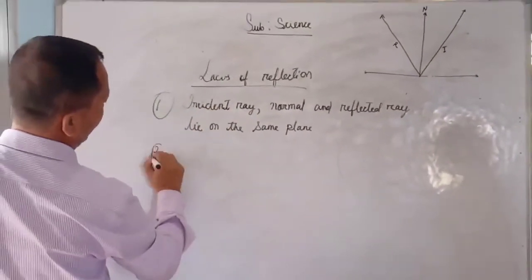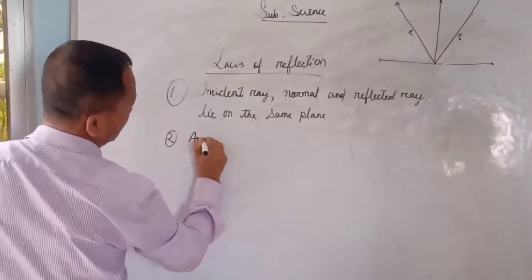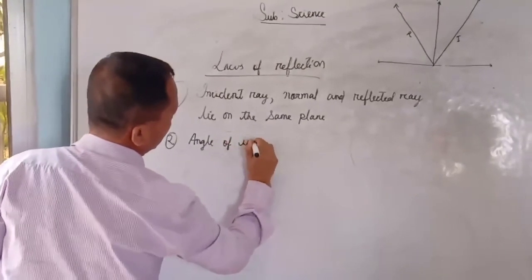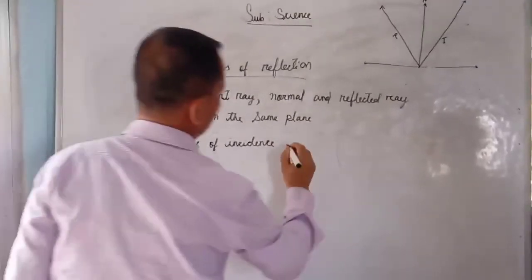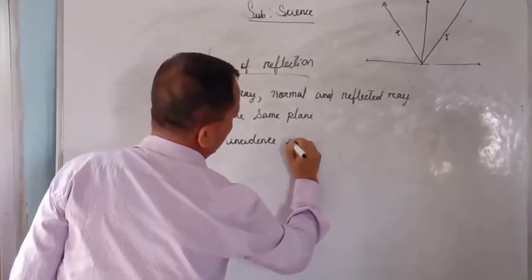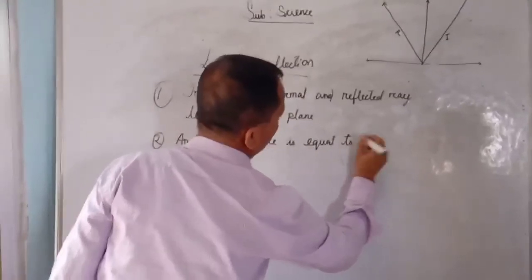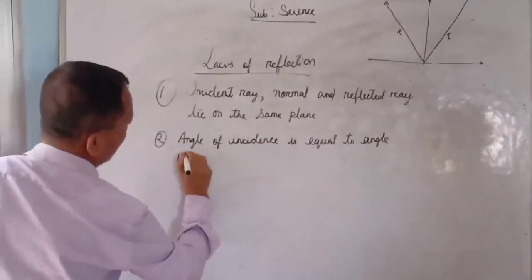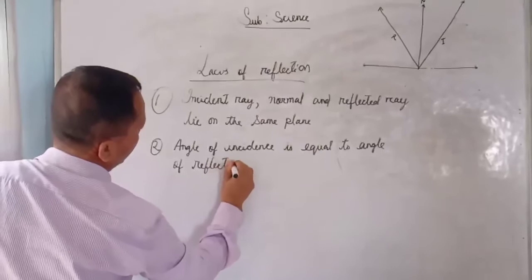And the second law of reflection: the angle of incidence is equal to the angle of reflection.